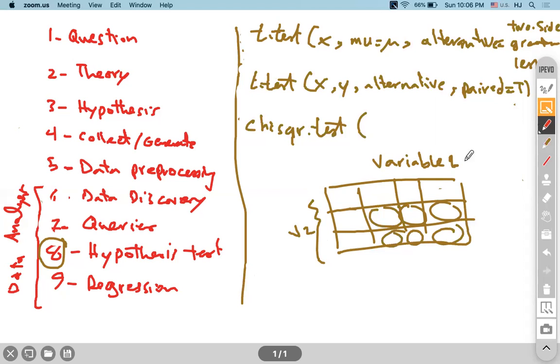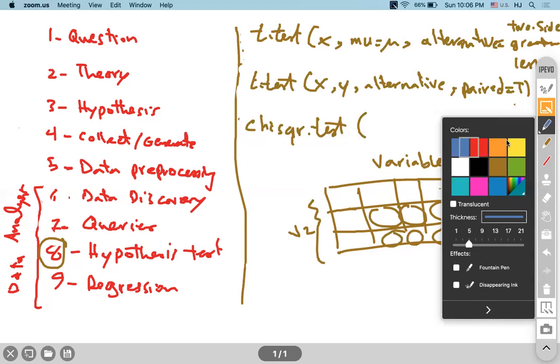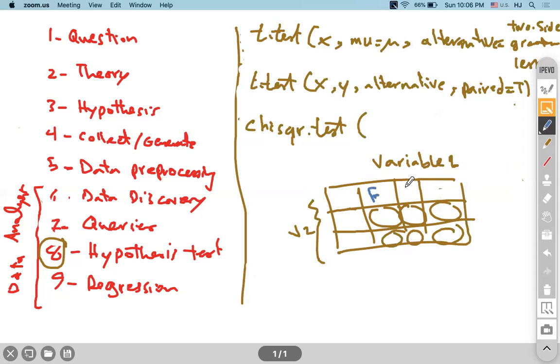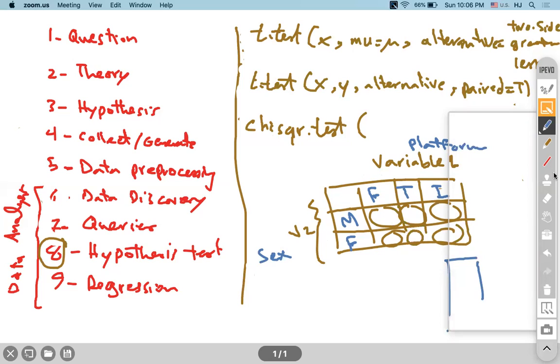Let's say we would like to test the platform: we have Facebook, Twitter, and Instagram, and we have males and females, and we want to test gender or sex against the platform. This is the second variable. So our data should be represented in this format in order to apply chi-square test. Usually the data which we have looks like this.